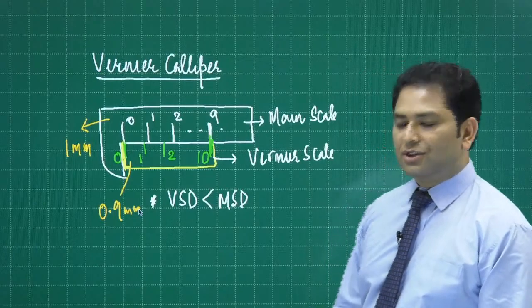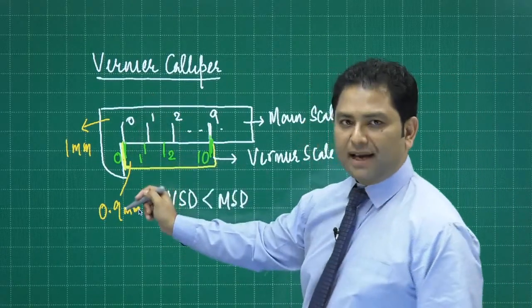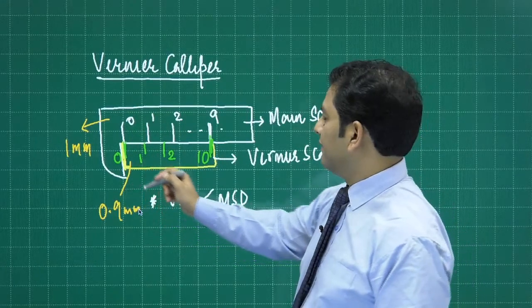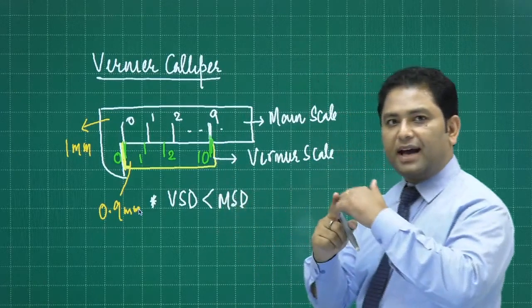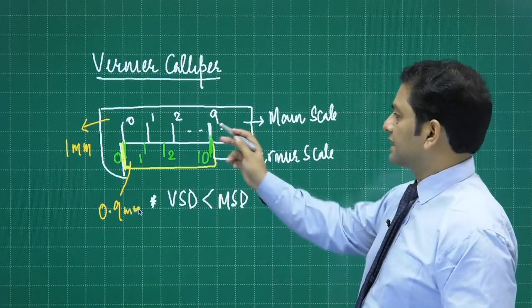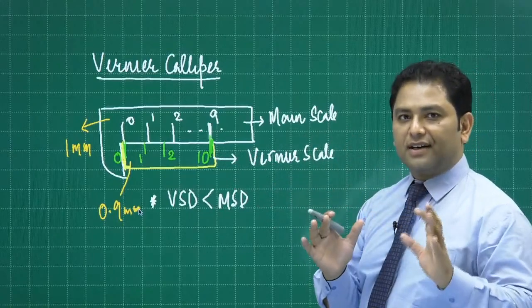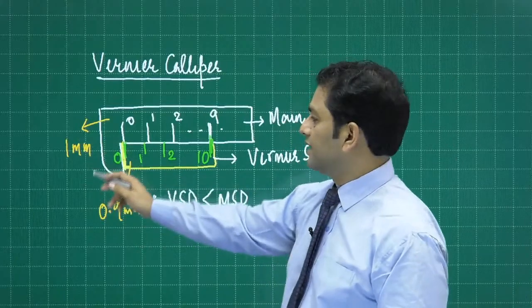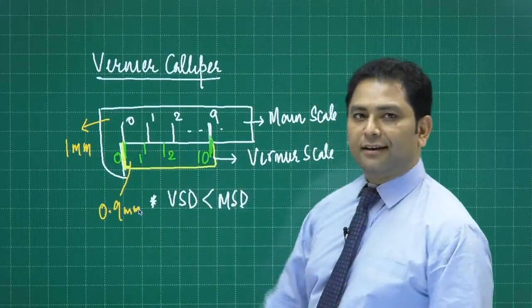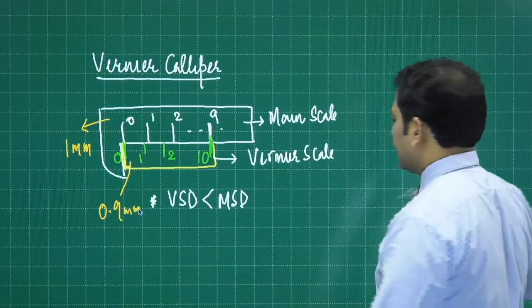Yes? So what happens is that initially when zero and zero are matching, when again both the scales match, the main scale will be one division lesser than vernier. That's very obvious. This is just an example. As I've said, 1 millimeter, 9 divisions is 9 millimeter, 0.9 millimeter, 10 divisions would be 9 millimeter.